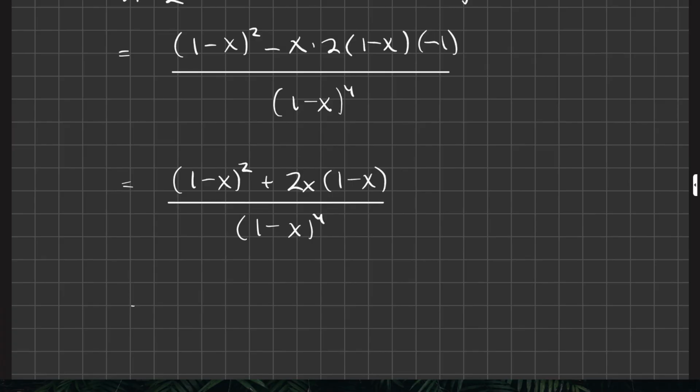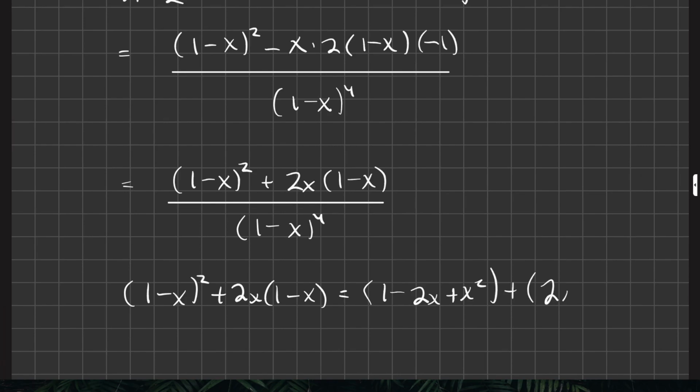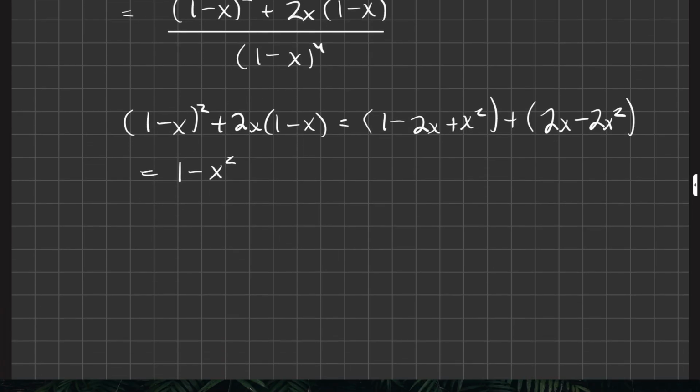So 1 minus x squared plus 2x times (1 minus x) can be written as 1 minus 2x plus x squared plus 2x minus 2x squared. And this is just 1 minus x squared after simplifying.